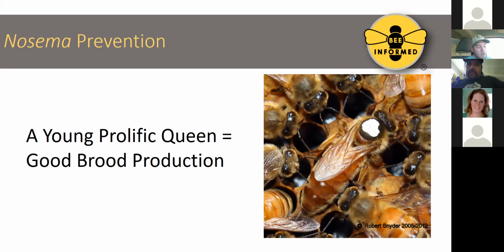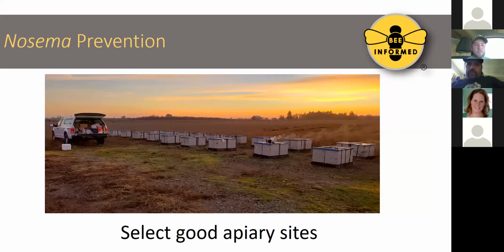And in fact, high Nosema spore counts oftentimes do go back to queen issues in many cases. So a good management practice would be to monitor the age of your queens and the production rates as well. Make sure those queens are producing to the best of their ability, and your hives will be that much better for it in Nosema prevention.